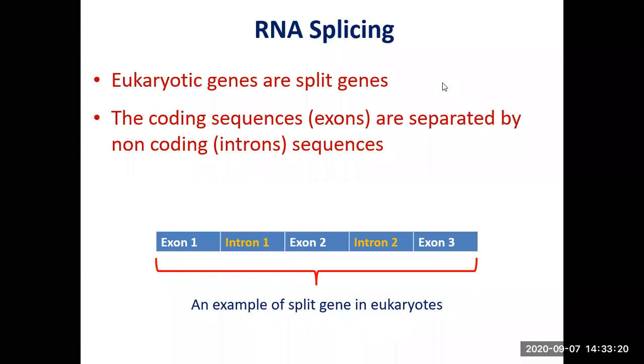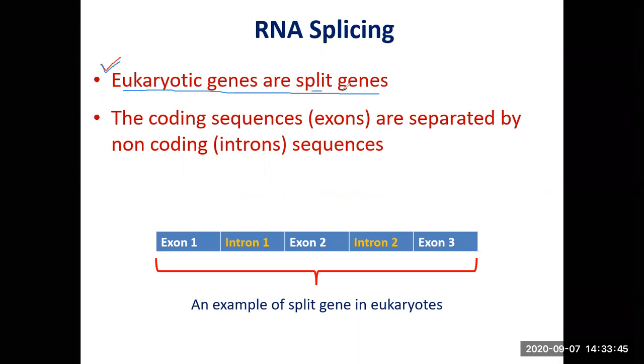Now, what exactly is meant by RNA splicing? One thing that all of you must remember is that eukaryotic genes are split genes. Genes in eukaryotes are split genes.